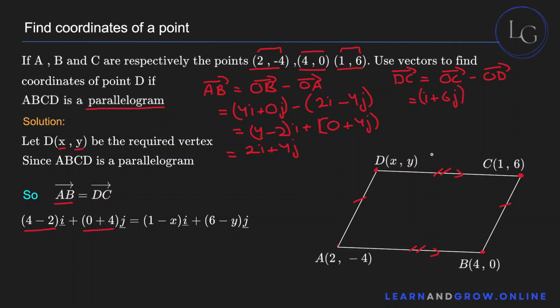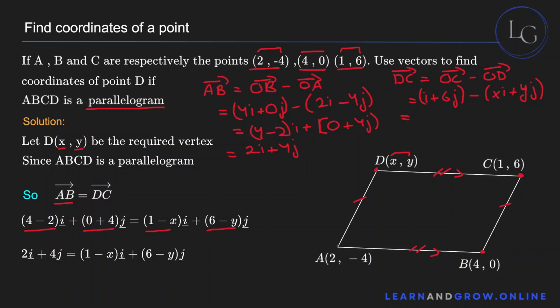We took the arbitrary values of x and y to denote D. So OD is basically equal to xi plus yj, right? So this basically equates to (1 minus x)i plus (6 minus y)j.